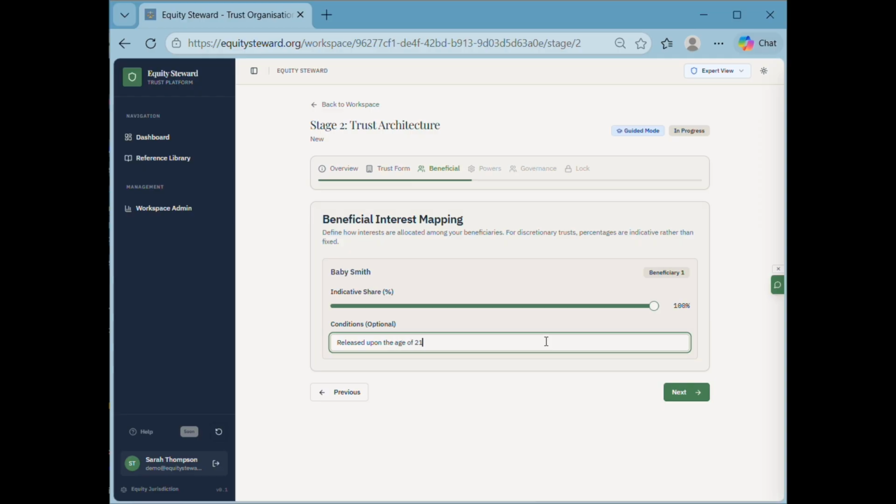The key point is that they are recorded in a structured and reviewable format. Over time, administrative coherence is strengthened by being able to see what the intended beneficial position was and how it was expressed within the trust structure. When later decisions occur, they can then be understood in relation to the beneficial framework recorded here.